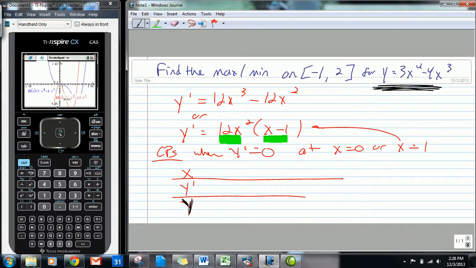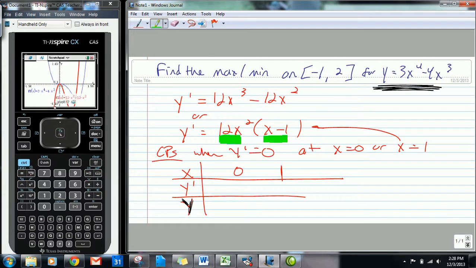Which, again, altogether is not a very difficult problem, especially if we were to use the calculator. But here's the calculus. Here's what we're getting paid the big bucks to think about. All right, so I have my two critical points, so I'll put a 0 there and a 1 there. And I'm going to look to the left of 0. So in this area, when x is less than 0, I'm going to ask myself, what is the derivative doing?